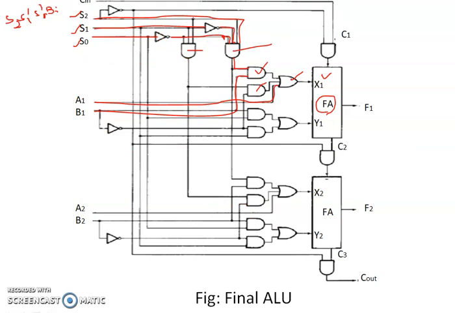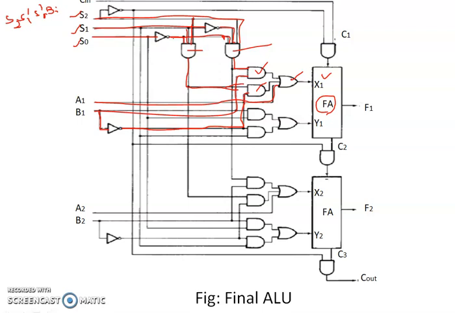So here S2 is joined over here, S1, and for S0 complement, the output of the NOT gate is taken and fed to this AND gate, and that output will be fed to the second AND gate where BI complement is given. So BI will be given as an input to a NOT gate, and then it will be given as an input to the AND gate.